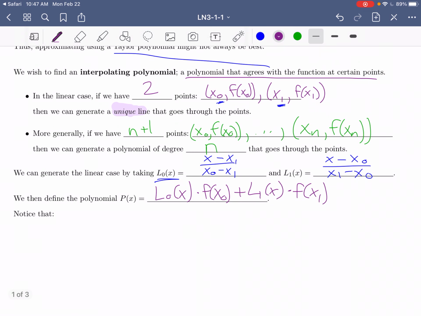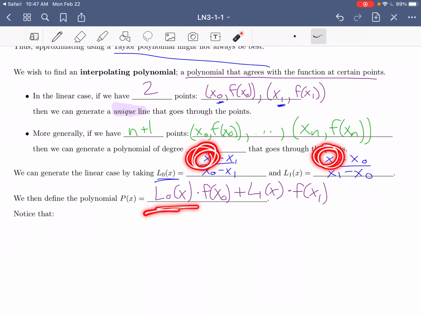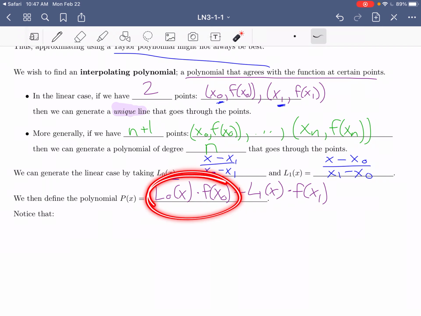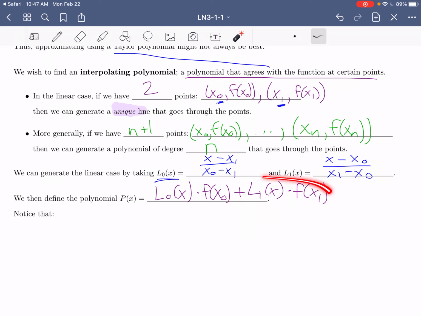And so when we look at this, this is just a number, this is just a number. The only variable we still have is this x here. We'll have this x here that shows up in here and here respectively. Right? So you'll have something that's linear in terms of x for this piece. And then for this piece, it's also going to be linear in terms of x. So this whole thing is just describing a straight line.